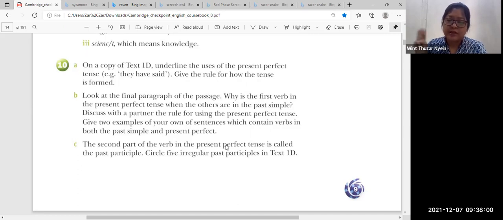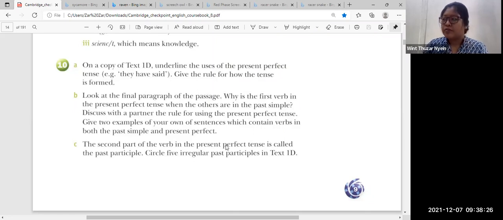Okay, we use present perfect tense in 3 conditions. The first one is if you would like to show that you have done some action. For example, you have finished your homework. At that time, you have to say it with present perfect tense. Okay, the next condition is if you would like to show the experience of something that you have done before, you have to use present perfect tense.